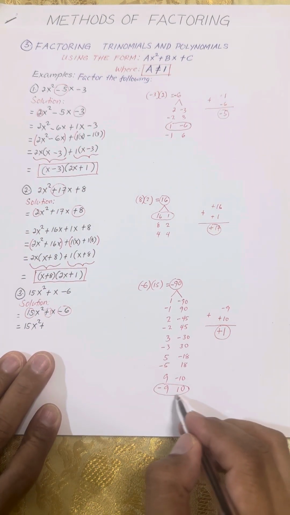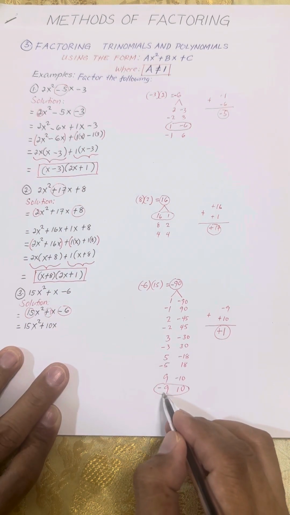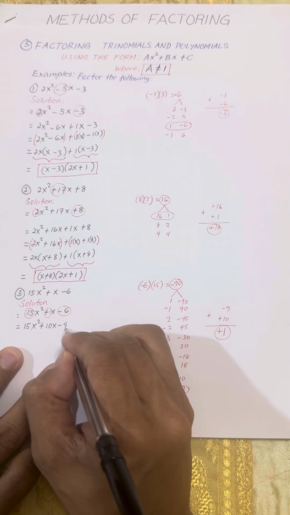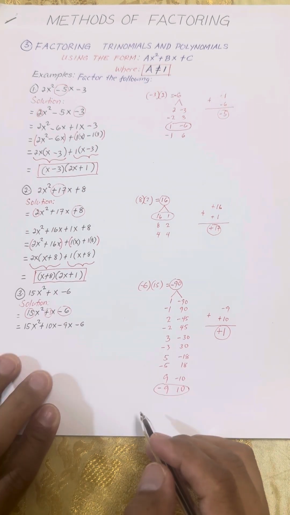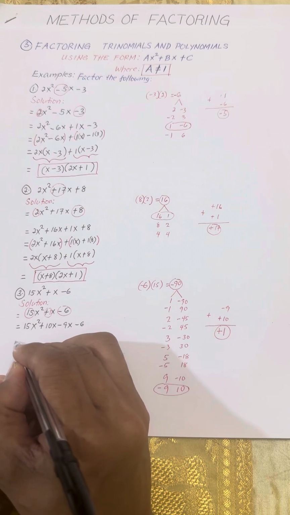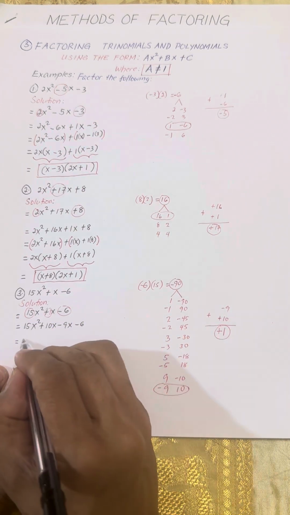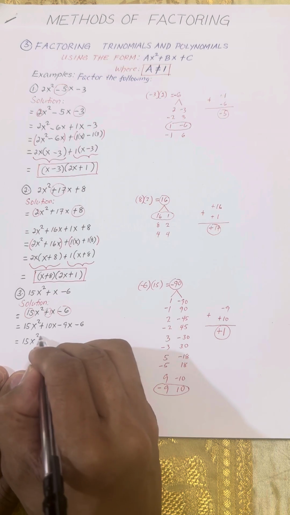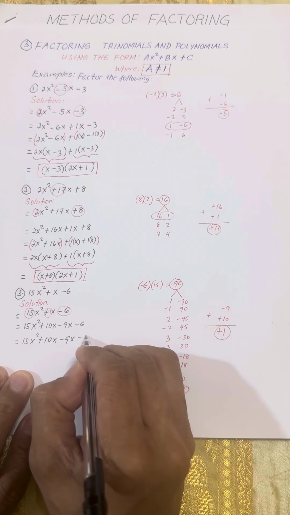We will start with positive 10x, then we have minus 9x, and then just copy the third term. After that, let's group them: 15x squared plus 10x minus 9x minus 6.